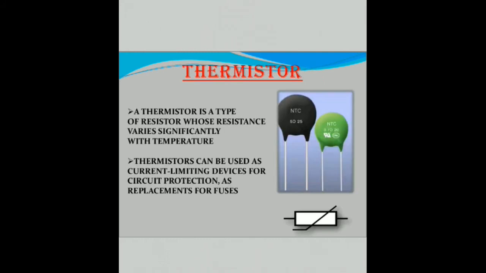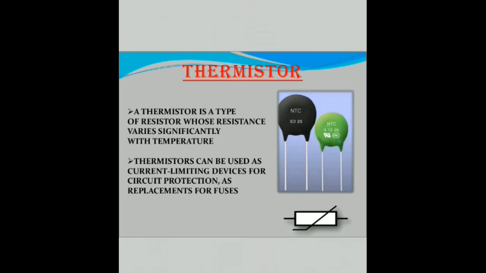And this is the thermistor. What is a thermistor? A sensor. A thermistor is a type of resistor whose resistance varies significantly with temperature. So a thermistor is a resistor, but it is also like a temperature sensor. When the temperature of the surroundings increases, the resistance automatically varies. You can also see the actual picture of a thermistor, and below it is the notation, the symbol of the thermistor.